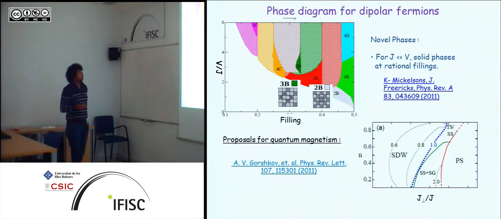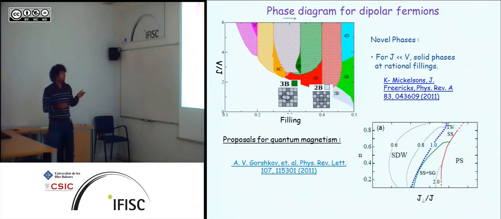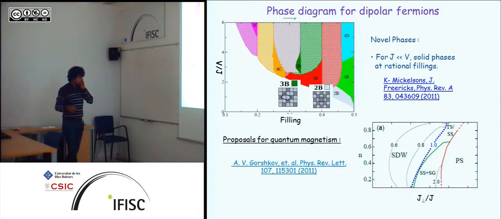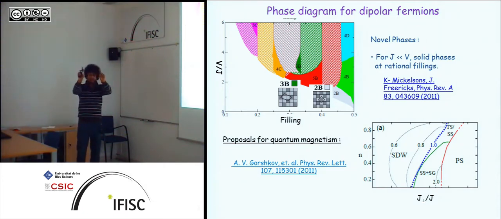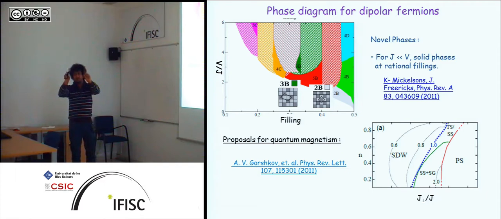So this is more or less the same phase diagram as before. There are other ways to do these things. There are dipoles, so they are like this, but then you try to control their rotational spin. They can rotate, so you put some laser, you put some microwave fields, and you try to control their rotational structure.